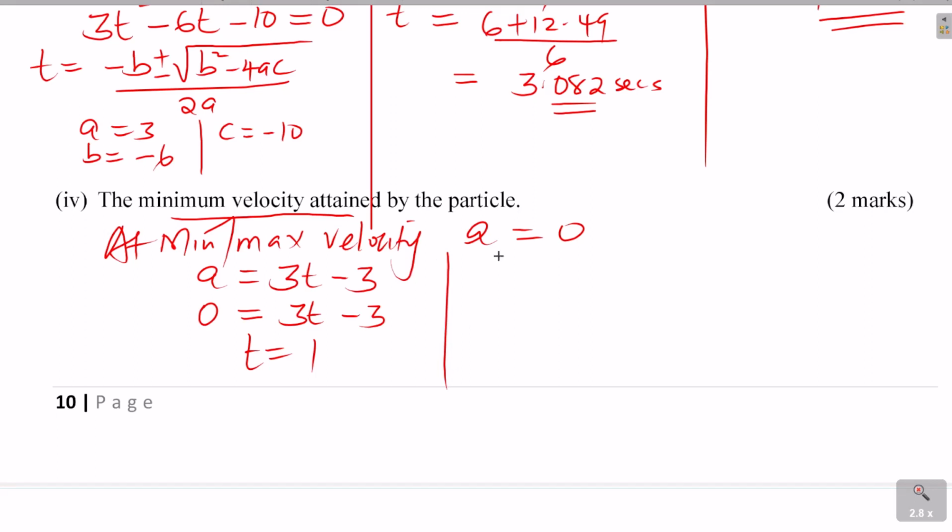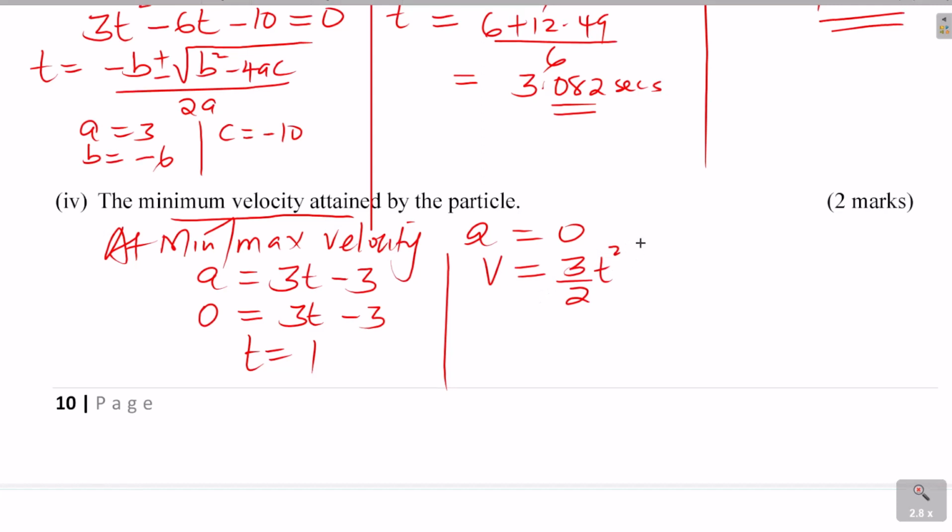So the minimum velocity, therefore, you have to take the expression for velocity, which we calculated, and we got it as 3 over 2 t squared minus 3t minus 5. So that is the expression for velocity. So when t is equals to 1, we just substitute and get the minimum velocity.